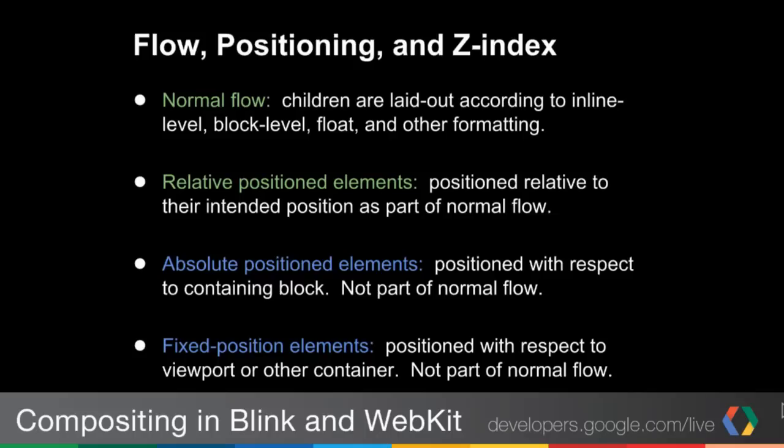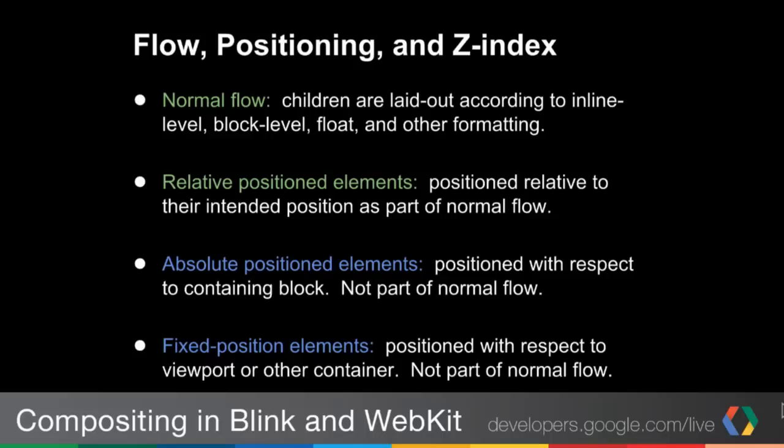Relative position you can specify on elements. It keeps your elements in normal flow, but allows you to position the element with respect to where it would have been in normal flow. Absolute position elements and fixed position elements, on the other hand, are taken out of normal flow.